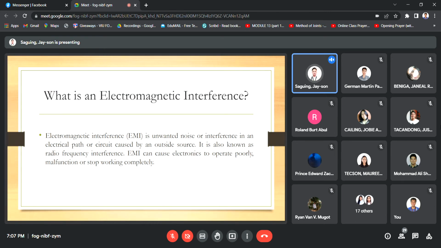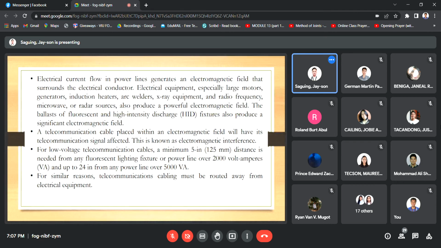EMI can be caused by natural or human-made sources. Electrical current flow in power lines generates an electromagnetic field that surrounds the electrical conductor.